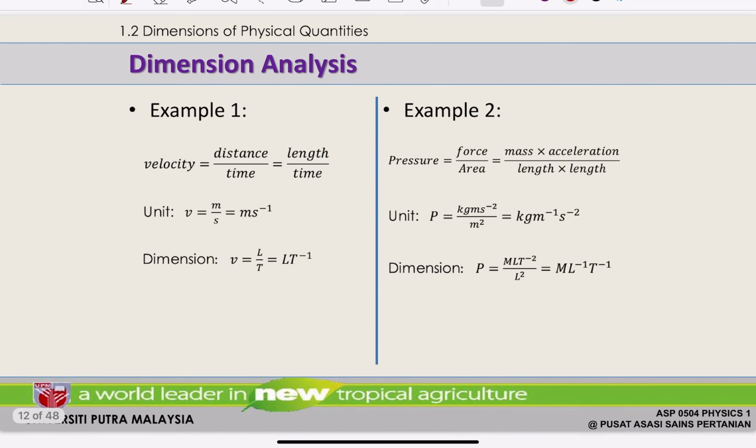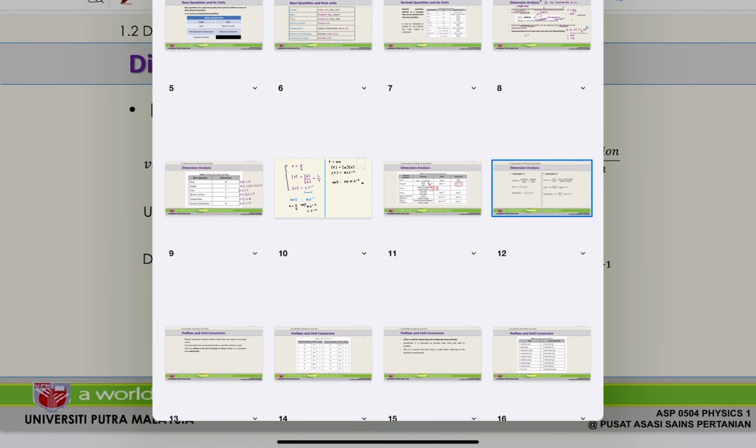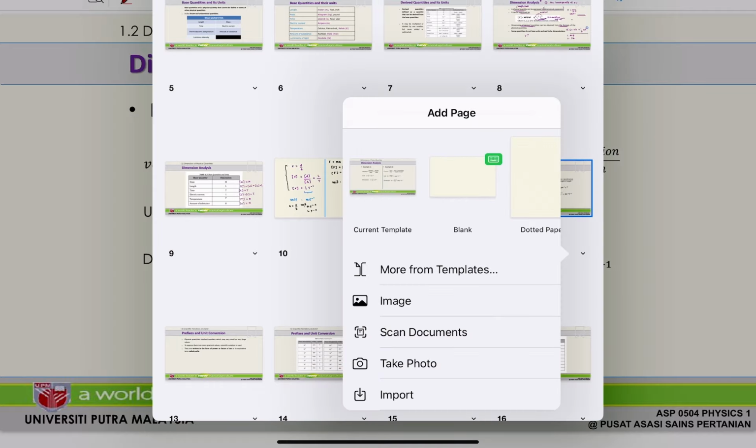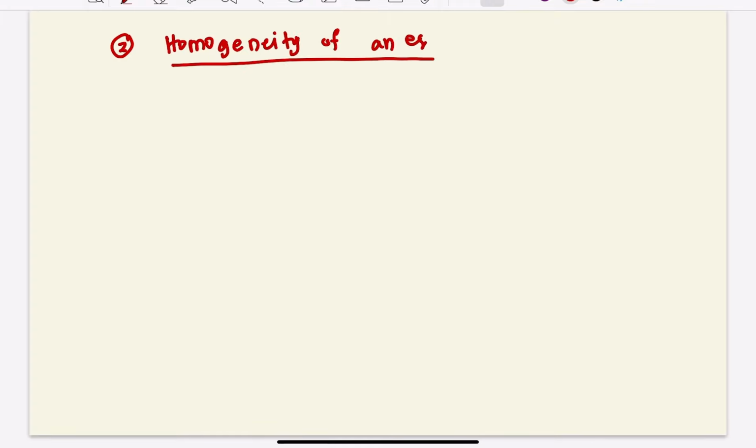The second part of dimension analysis punya kegunaan, the uses of dimension analysis, is to know the homogeneity of an equation. Okay. Equation tu kalau dia not homogeneous, makanya equation tu salah.